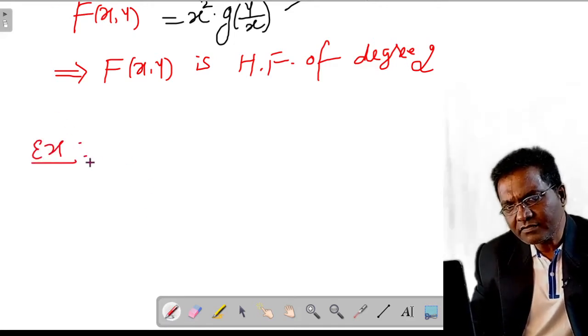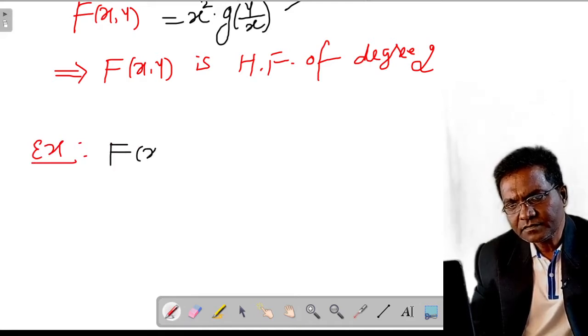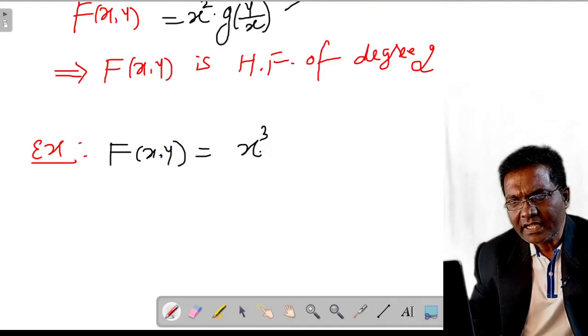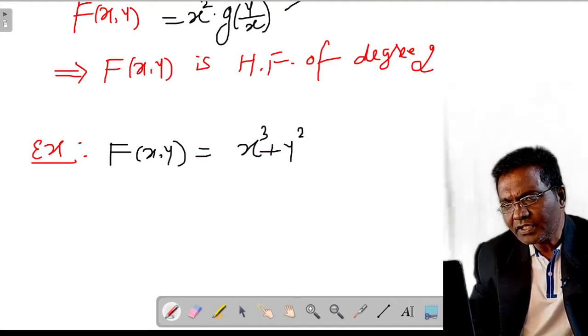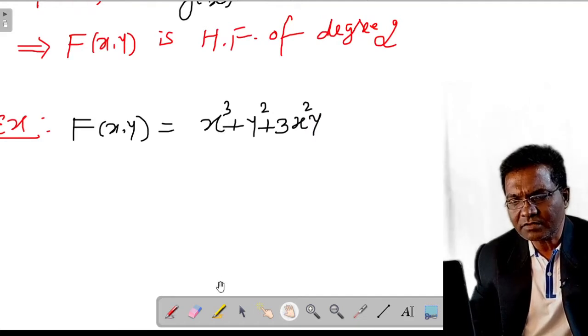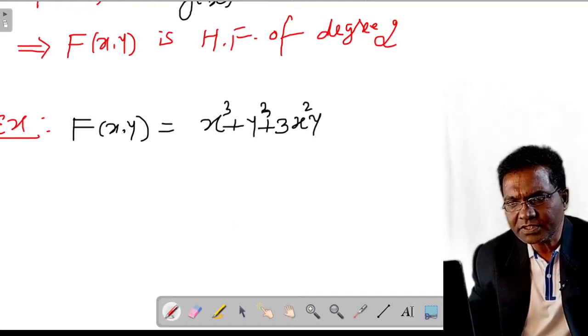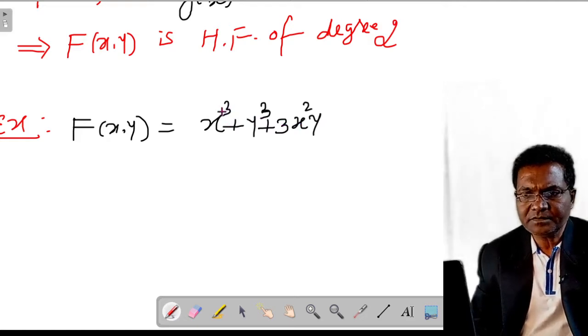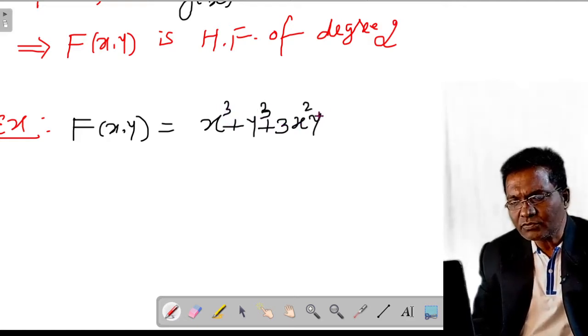Okay, so similarly here, suppose your f of xy is, say, x cube plus y cube plus 3x square y. Okay, so here the degree of each term, let me make a correction, x cube, this is y cube. The degree of each term is 3 here: 3, and 2 plus 1 is 3.